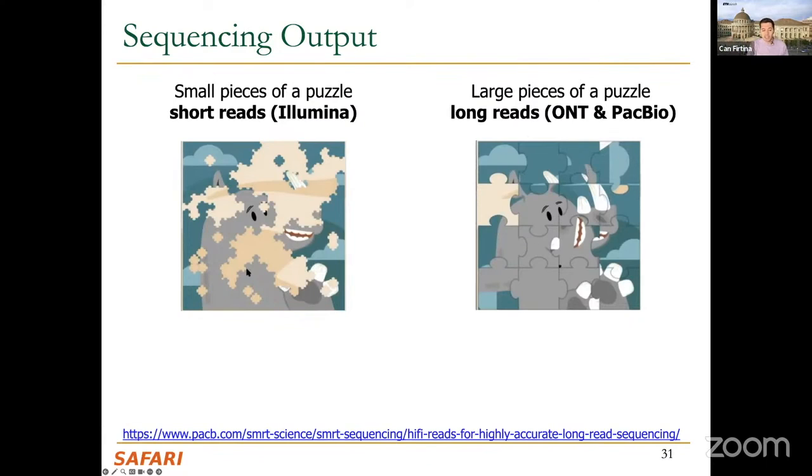So when you have short pieces while solving a puzzle, it's relatively more challenging, because you may have a piece where you may not know whether that piece is coming from here or here, because they may be extremely similar to each other, maybe even exactly the same. And you may need to make some random decisions here. Once you make those random decisions, it may affect the further downstream analysis.